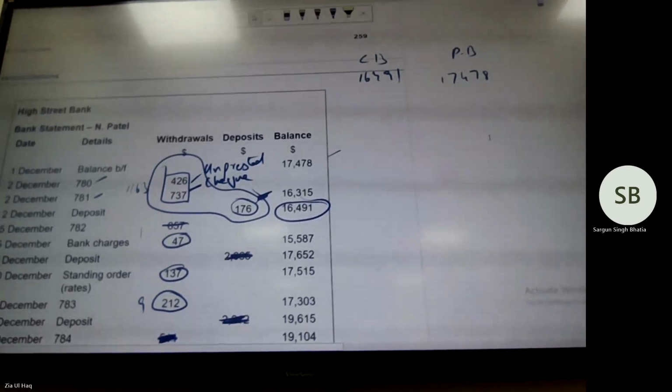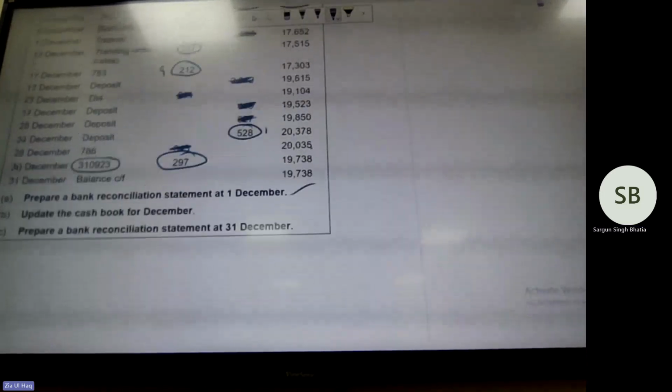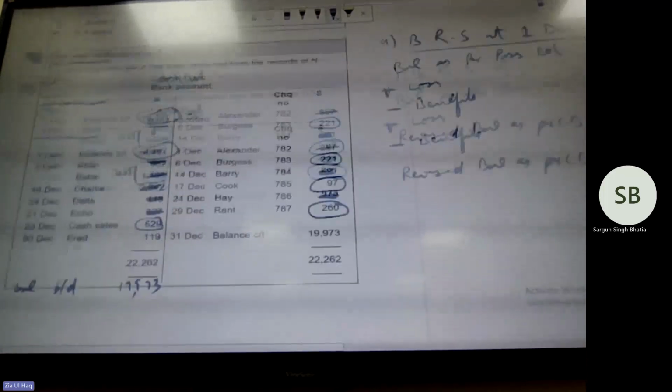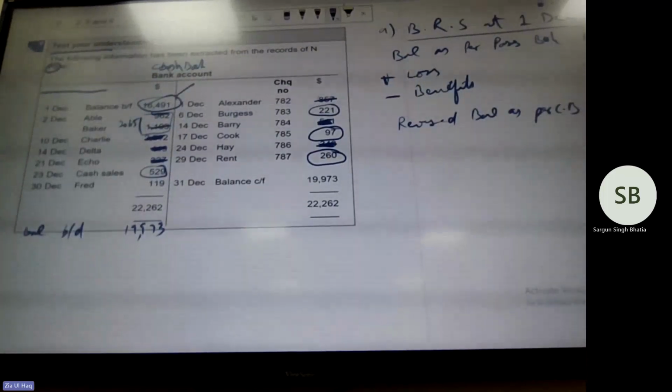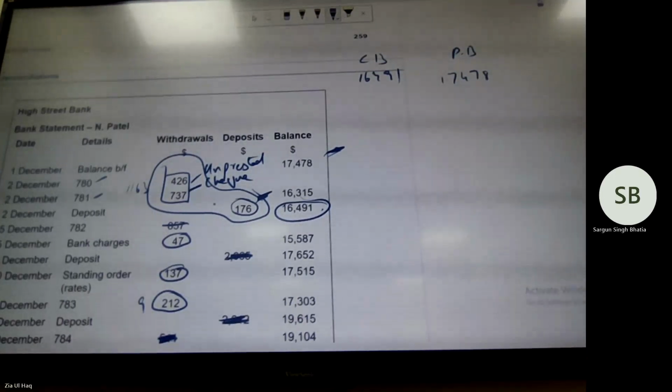Is that fine? Part A has been completed. Yes, the first December bank reconciliation statement we have done, because at first December the cash book is showing this balance while the passbook is showing this balance. If this is the cash book balance, then these three items relate to the previous month and have been adjusted in the current month.